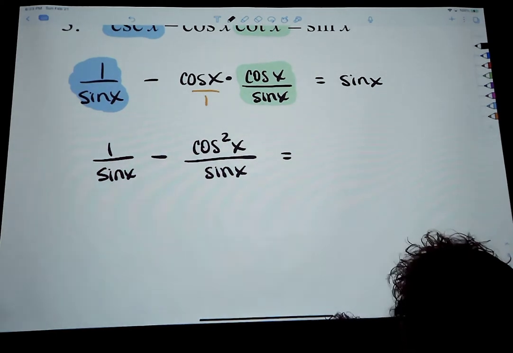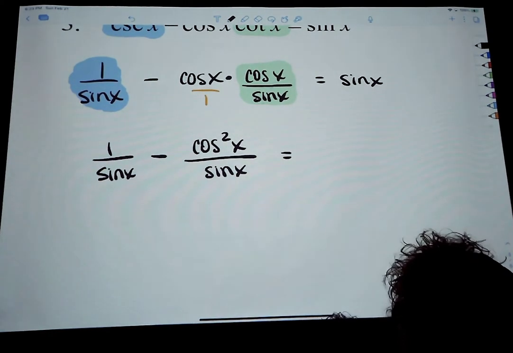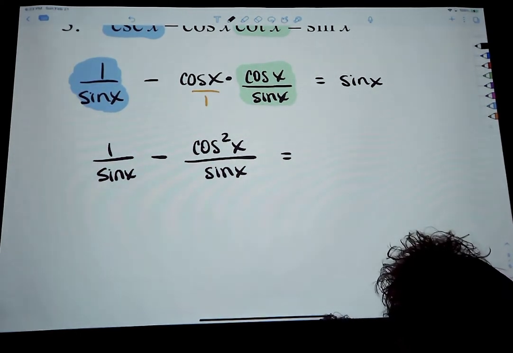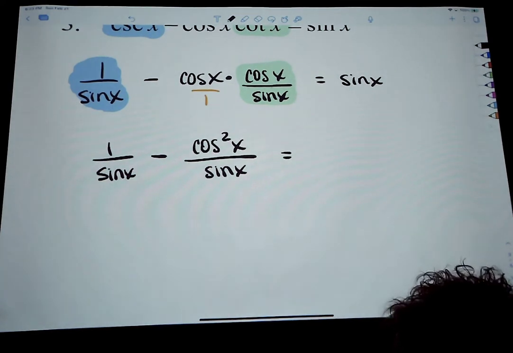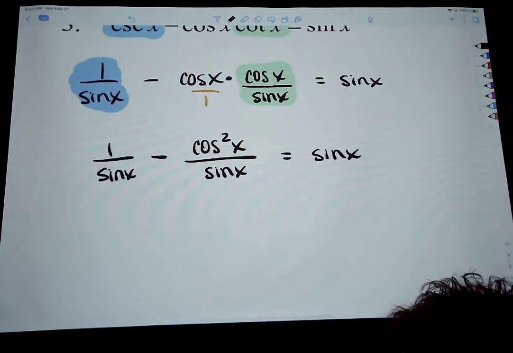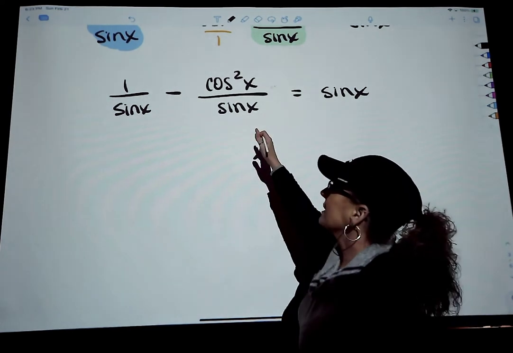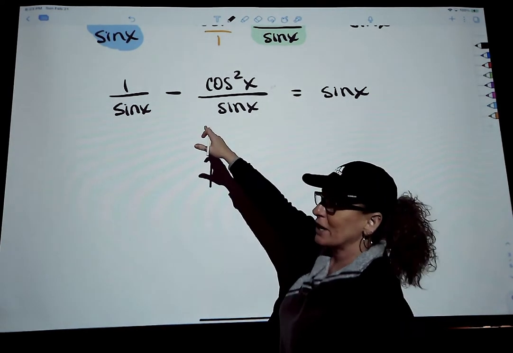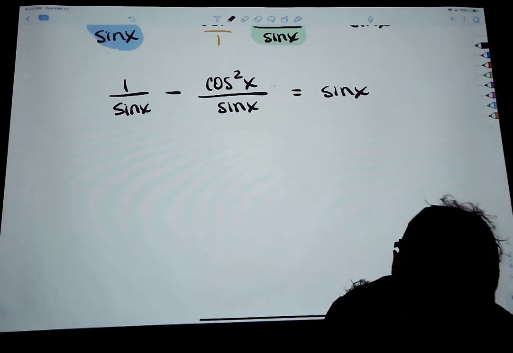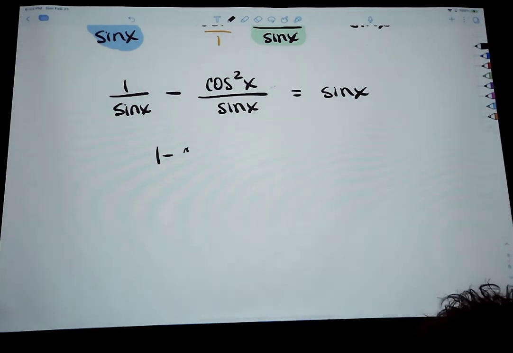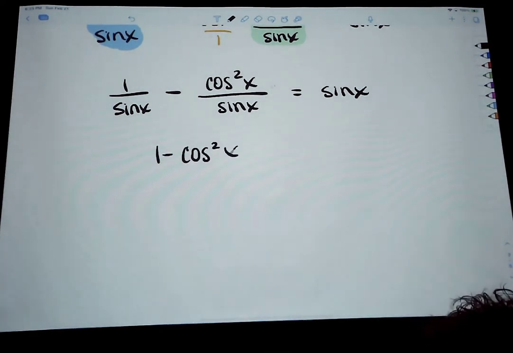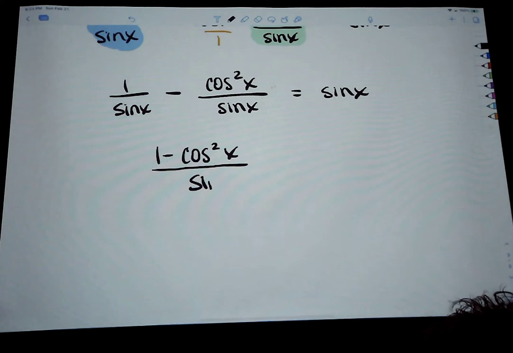Gosh, I feel like I just did this. I did something very similar. Got two fractions. It says to subtract them. I already have a common denominator, so let's subtract them. Combine the numerators. Denominator stays the same.